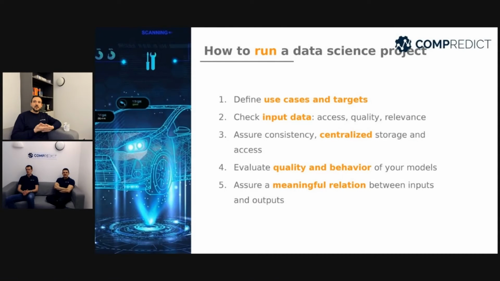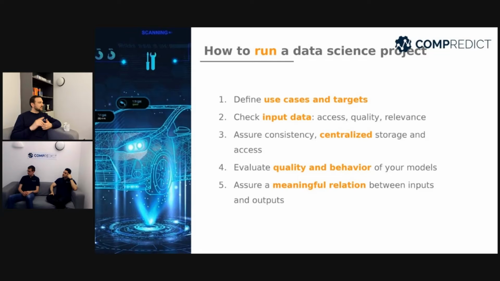All right, so maybe let us now wrap up the main points of the webinar we are tackling today. So first, it is important, before even starting your data science project, that you define the business goals, the use cases, the targets, what you want to achieve, and to which extent. Second, checking input data.